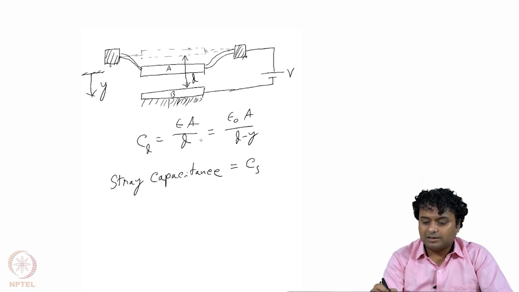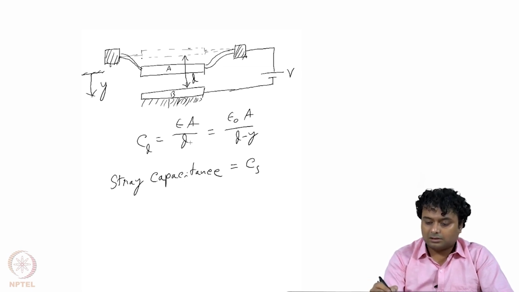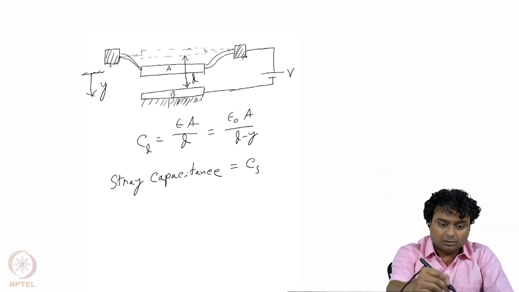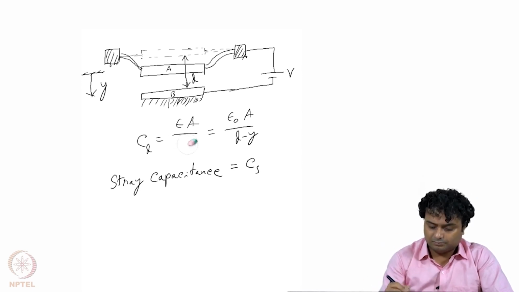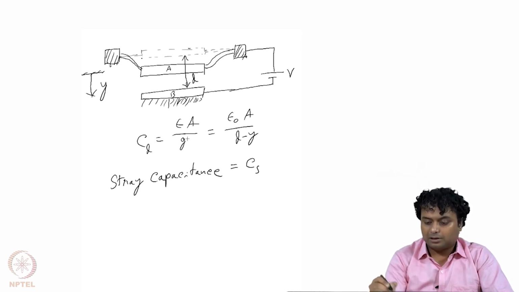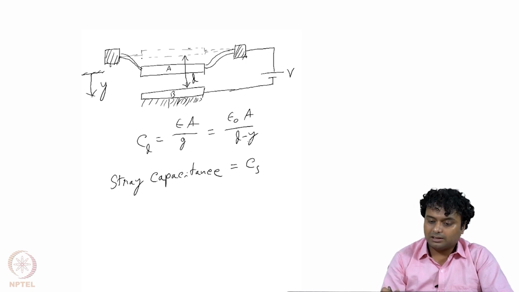Let us not call the gap D because our main gap is D. Whatever the gap at that position while it is deflected by y, that is D minus y.